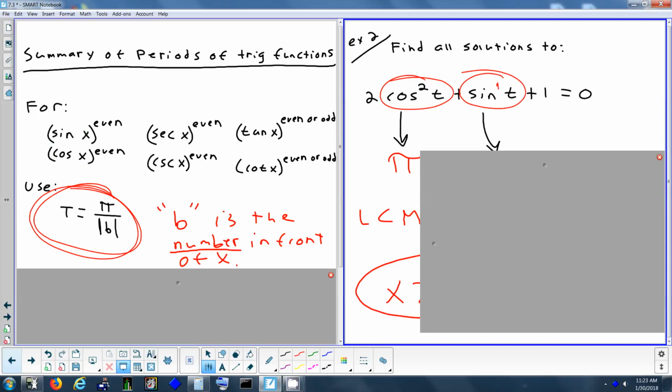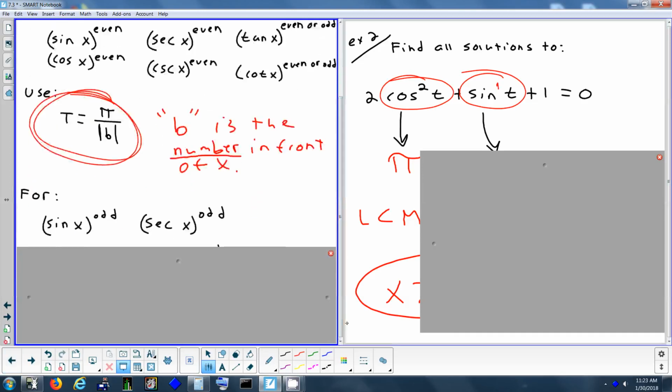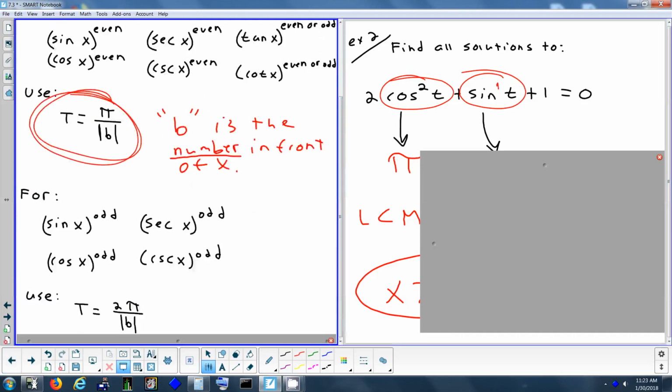That's not covered by this formula. This formula covers sine to an even. If you have sine to an odd, or cosine to an odd, secant to an odd, or cosecant to an odd, you use the formula 2 pi over b. Okay, so under certain conditions you use pi over b, and sometimes you use 2 pi over b.